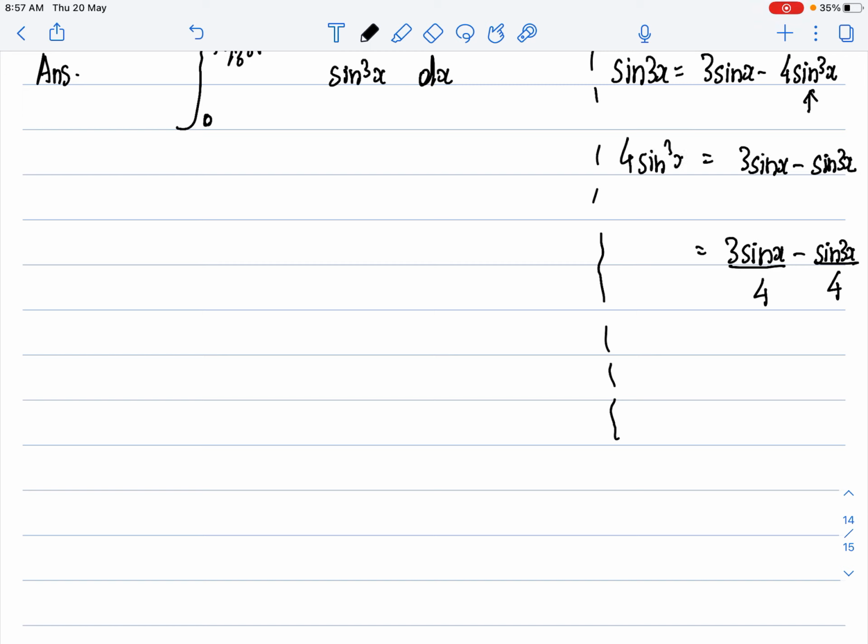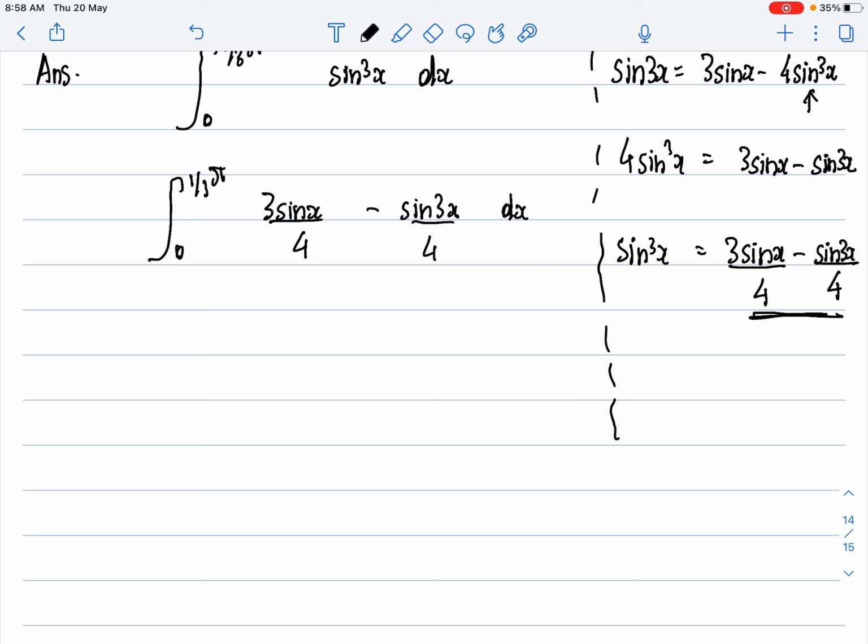I'll just write it properly again. Okay, so now in the place of sine cube x, I can simply substitute this to get the integration from 0 to 1 over 3 pi of 3 sine x over 4 minus sine 3x over 4 dx.